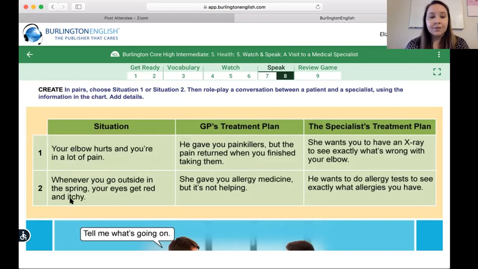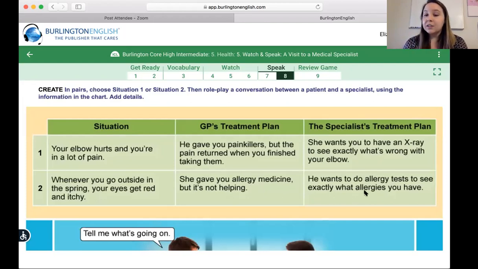Situation 2 says, whenever you go outside in the spring, your eyes get red and itchy. Your general practitioner gave you allergy medicine, but it is not helping.